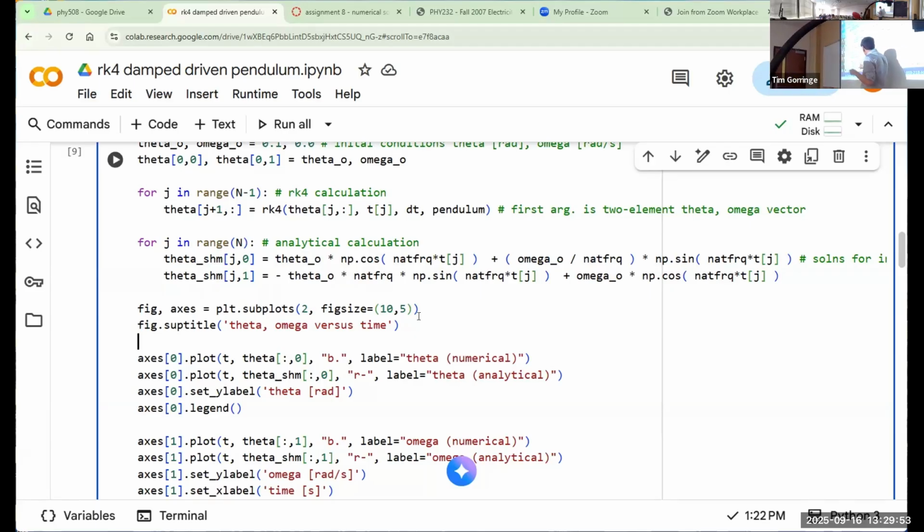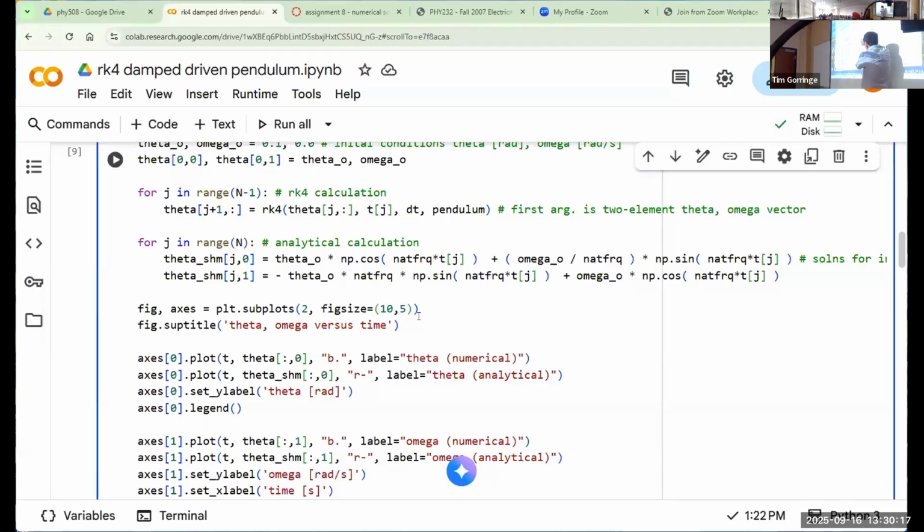That gives you theta. This down here, by comparison, is slicing out omega. So this is going to be a plot of theta versus time in the first subplot, and a plot of omega versus time in the second.